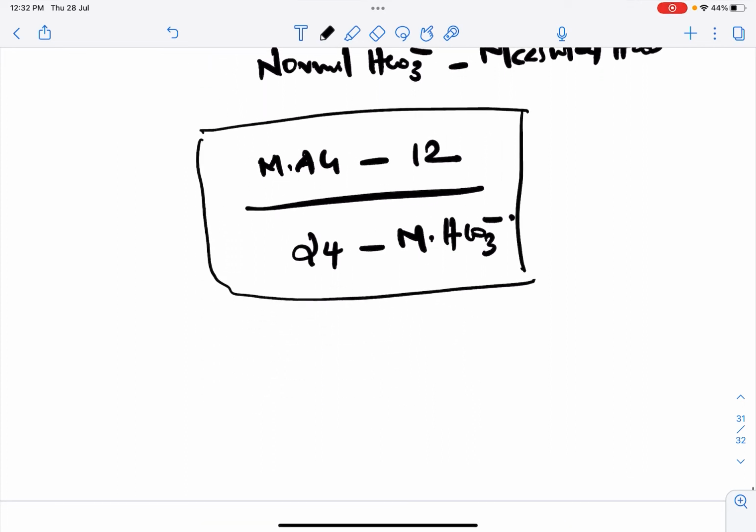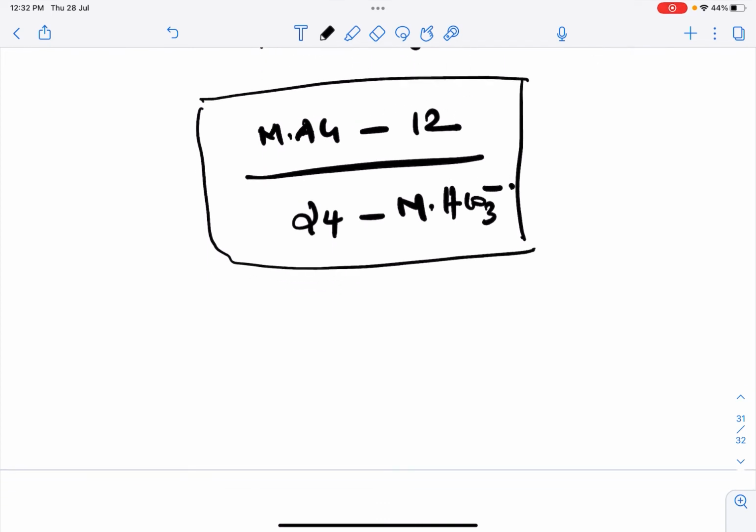Now how do we interpret the delta ratio? If it is less than 1, it is HAGMA plus NAGMA, that is, high anion gap metabolic acidosis plus a normal anion gap metabolic acidosis component is also there. That is why we are calculating the delta ratio. We want to know whether the condition also has a normal anion gap component or a concomitant metabolic alkalosis.